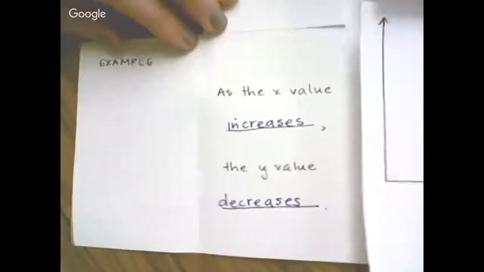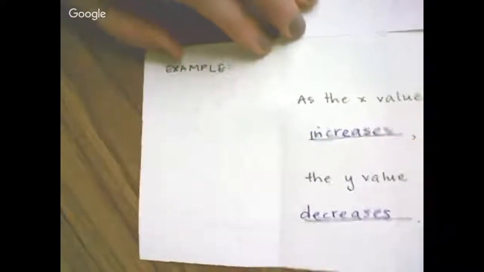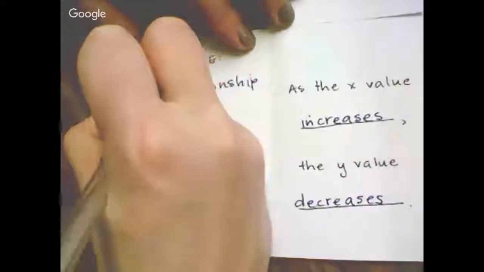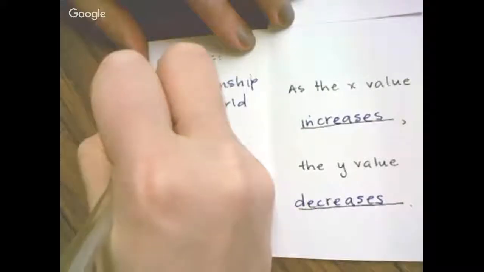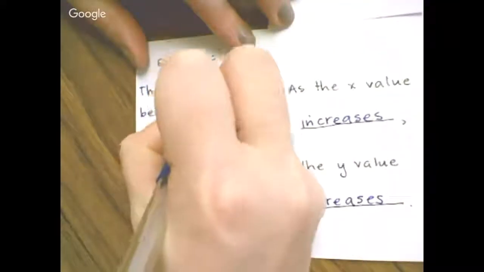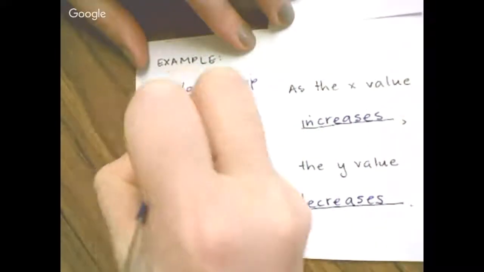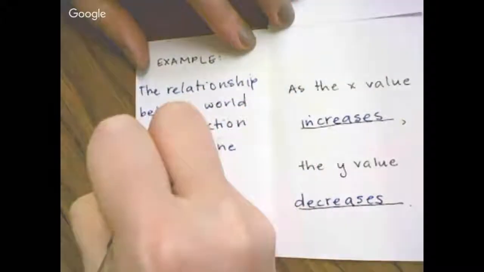So as the x goes up, the y goes down. An example could be the relationship between the world oil production, how much oil there is, to the gasoline prices, so how much we have to pay for gas.